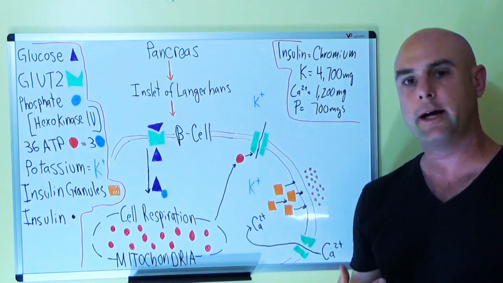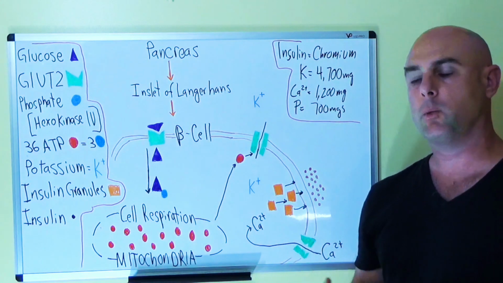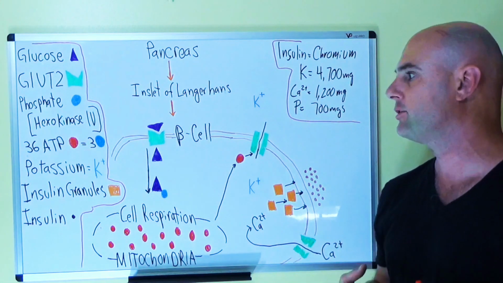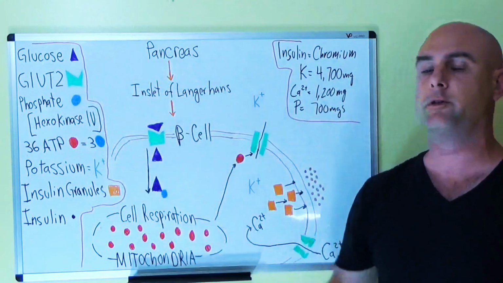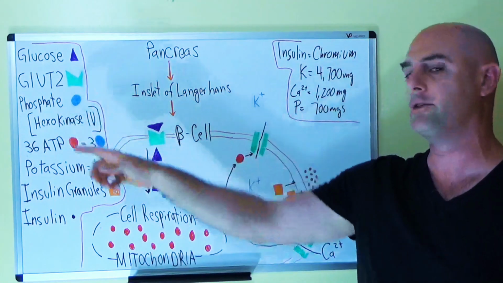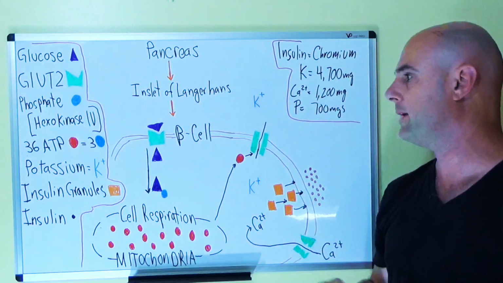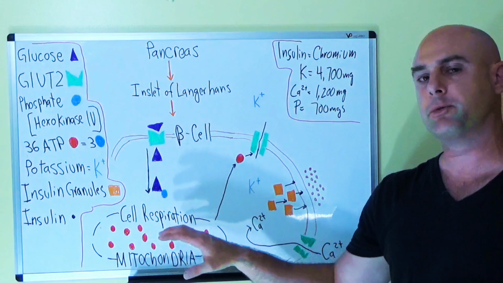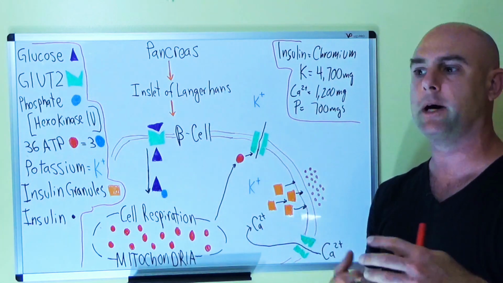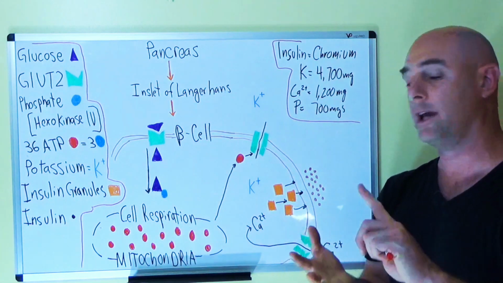So what I wanted to highlight here is what we need to take with our starchy meals, or overall. First of all, this is all driven by protein. These hexokinases, that's a protein. It's an enzyme, and this whole cellular respiration process is driven by vitamins, minerals, and protein.